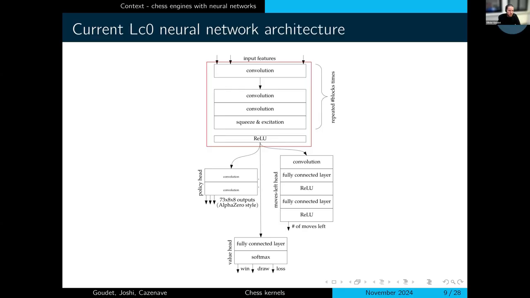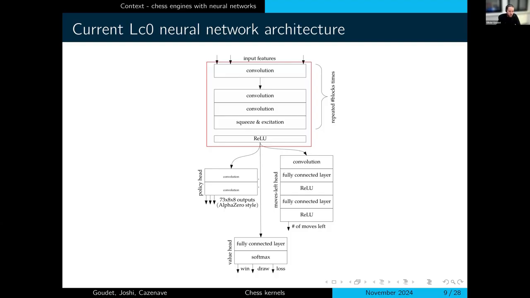So here is the classic architecture of the neural network used in Leela Chess Zero. As you can see, the input tensor of the neural network first passes through a number of residual blocks with convolutional layers. The output of this block is then sent to three different types of network.